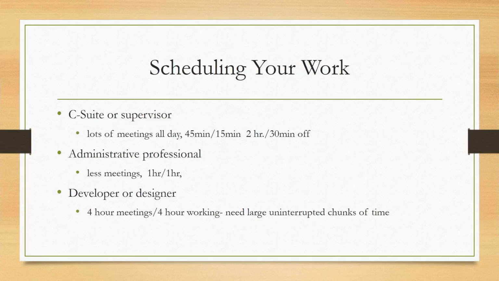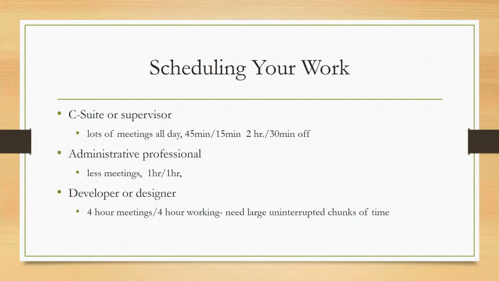And then we also want to look at scheduling the work. So you want to think about, what is your workday like? What type of employee are you? Are you someone who's in the C-suite, or a supervisor or manager who has a lot of meetings? If that's the case, you want to give yourself a little bit of time in between the meetings.